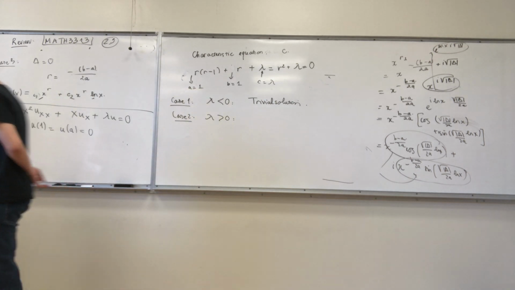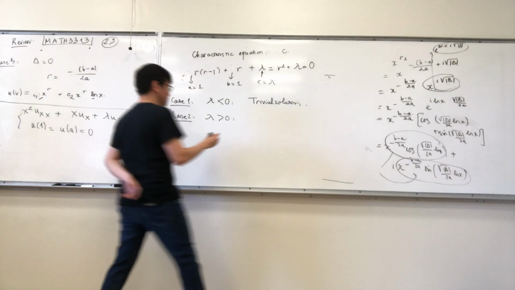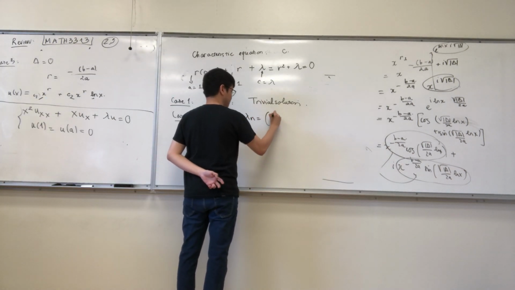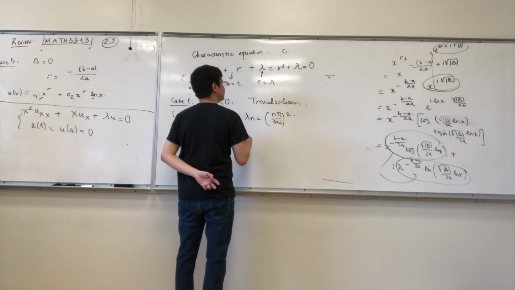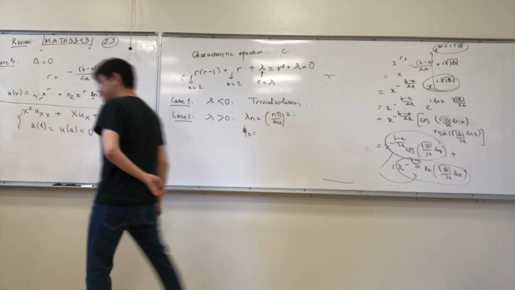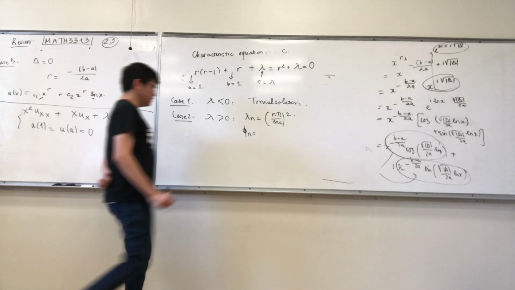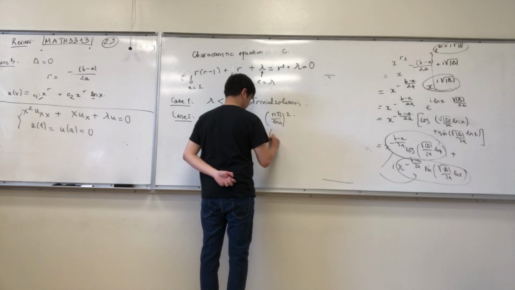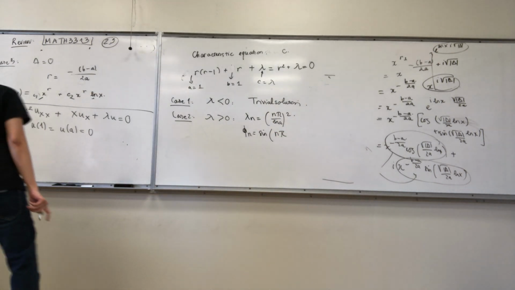Then you find lambda n is n pi over log a, squared, and then you find the orthogonal basis to be sine of n pi log x over log a.